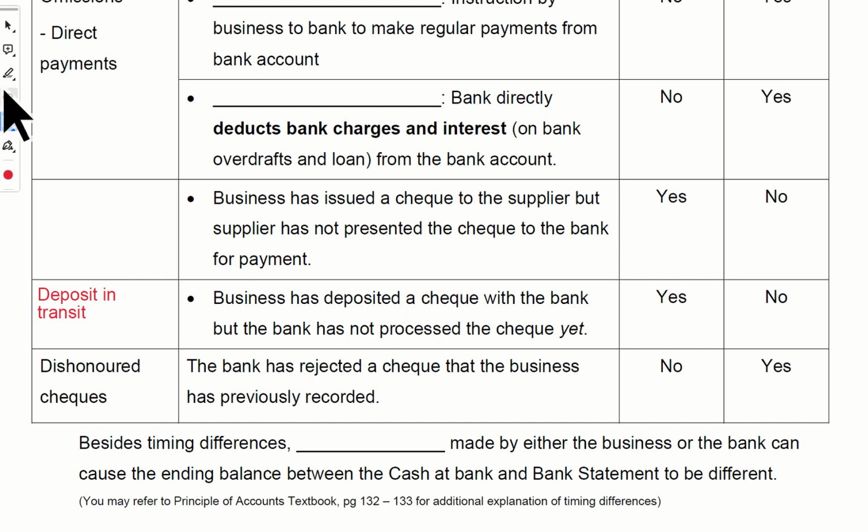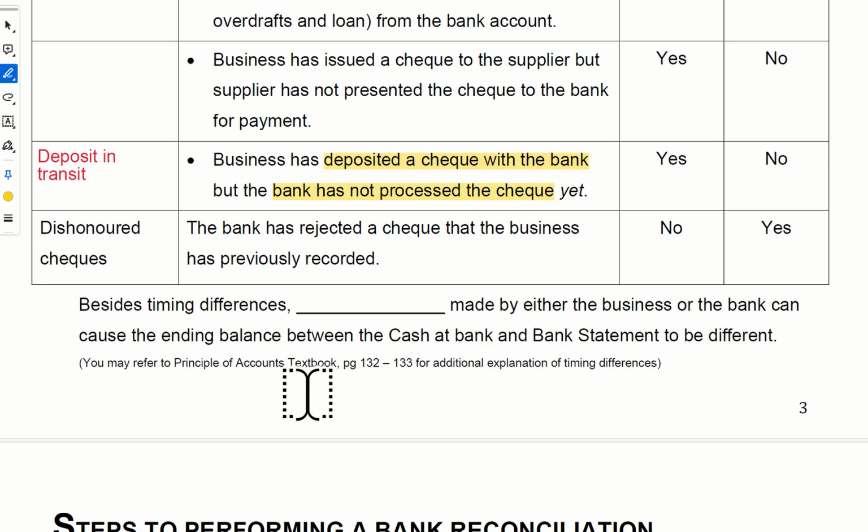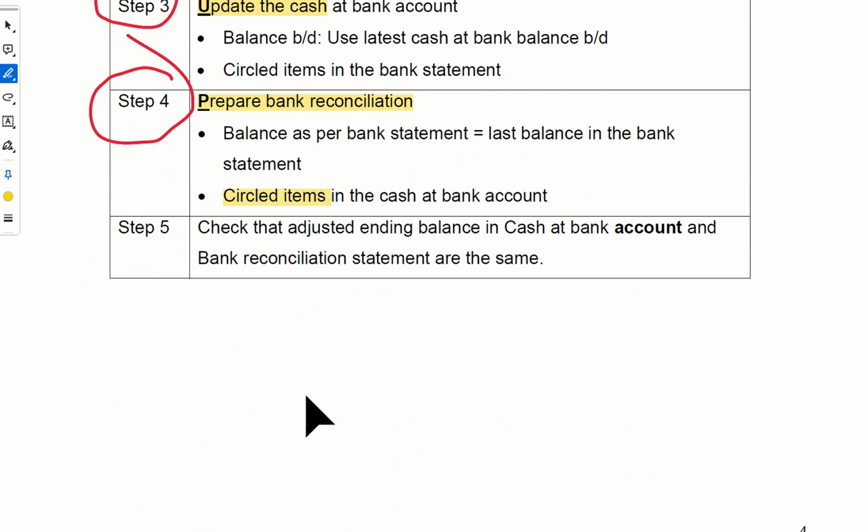Basically, a deposit in transit is when the business has deposited a check with the bank, but the bank has not processed the check yet. Basically, the check is on its way to the bank. The money is on its way to the bank, but the banker hasn't recorded the plus yet. So that's a deposit in transit.